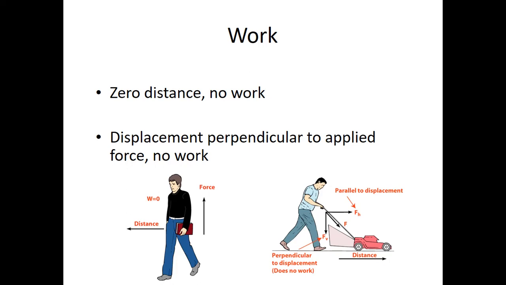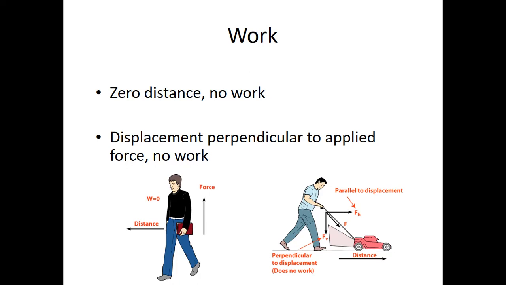Are you doing any work to build up your biceps? No. The only way that you do work to build up your biceps is if you curl that dumbbell, if you lift it against gravity, so that the direction of motion of the dumbbell and the force are in the same direction. This man mowing the grass, as he applies a force down the handle of the mower, only the horizontal component of the force is doing work.